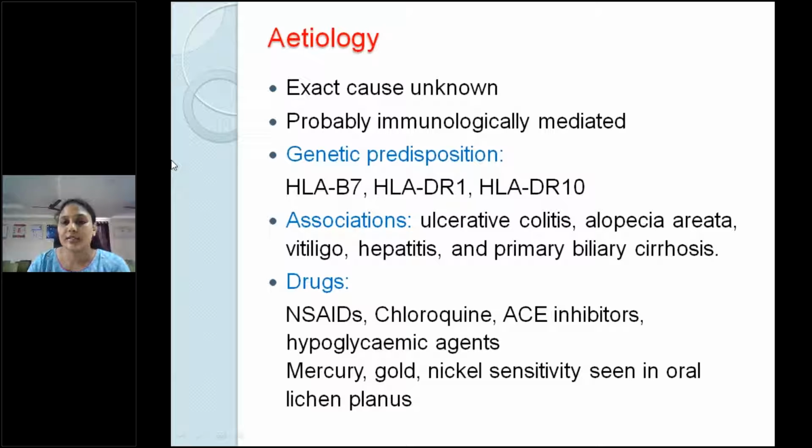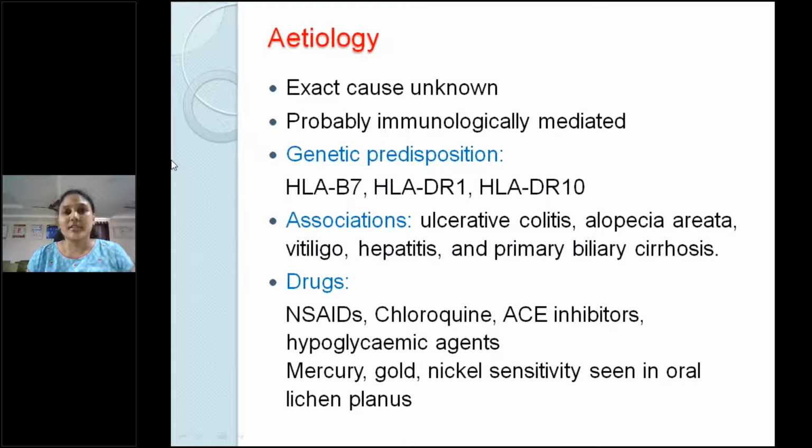What exactly causes lichen planus? The exact mechanism of cause is not known, but it's immunologically mediated, and there is a genetic predisposition association with HLA-B7, HLA-DR1, and HLA-DR10, and it is also associated with certain disorders like ulcerative colitis, alopecia areata, vitiligo, hepatitis, and primary biliary cirrhosis.